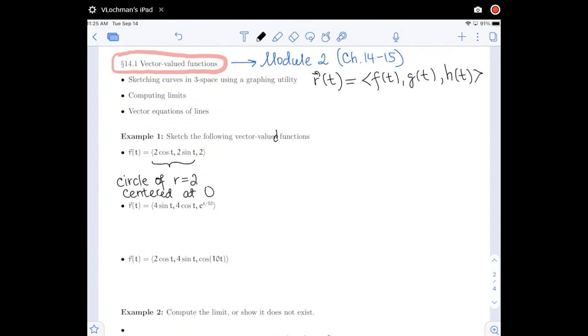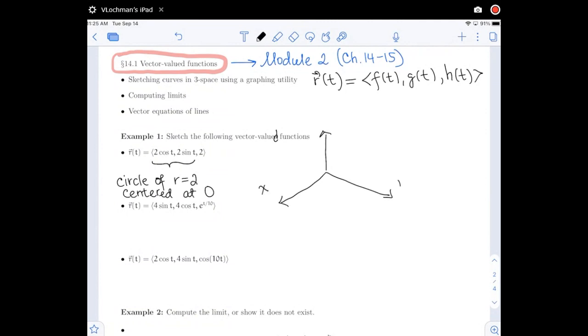Now what about that 2? Now we have this third component, right? This third component is 2, which means we're just lifting that circle 2 units up in 3-space. So let's graph our 3-space here.